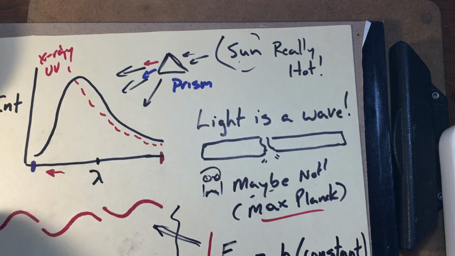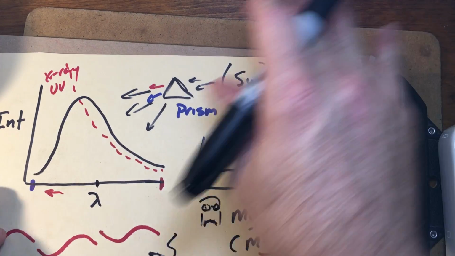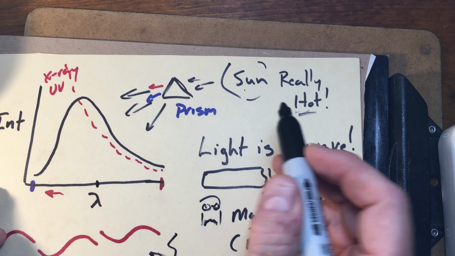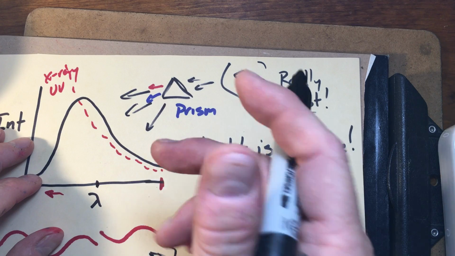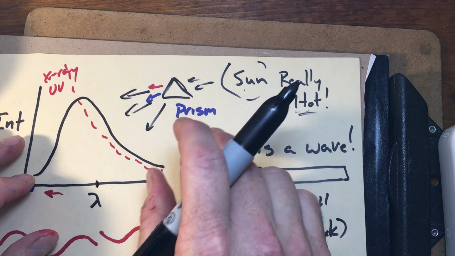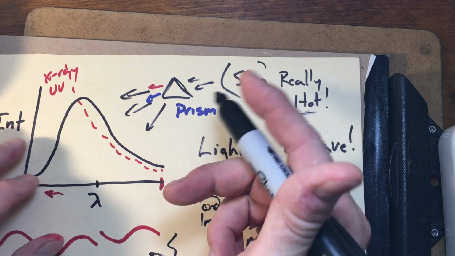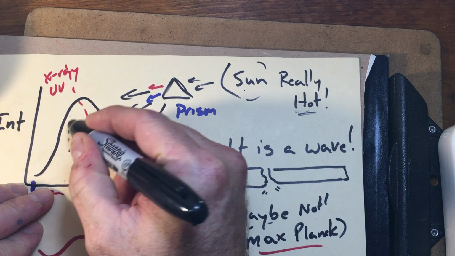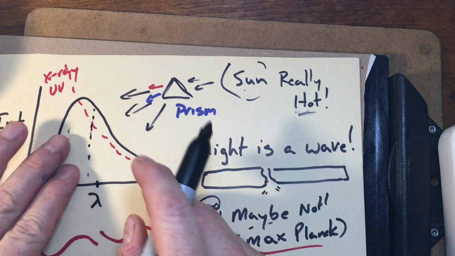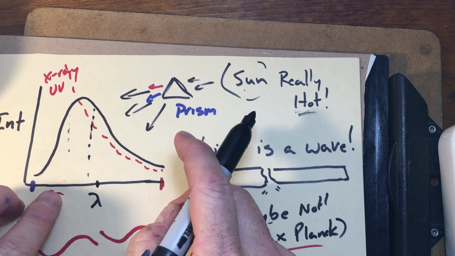So the sun, we know, of course, kicks off a lot of light. We'll consider the sun like a hot body that kicks off a wide variety of wavelengths. Thankfully, some of it, I was just outside in the Kansas sun, and I was hot because some of that visible light gets through, and the visible light tends to fall near the maximum for the emission of different wavelengths by the sun.